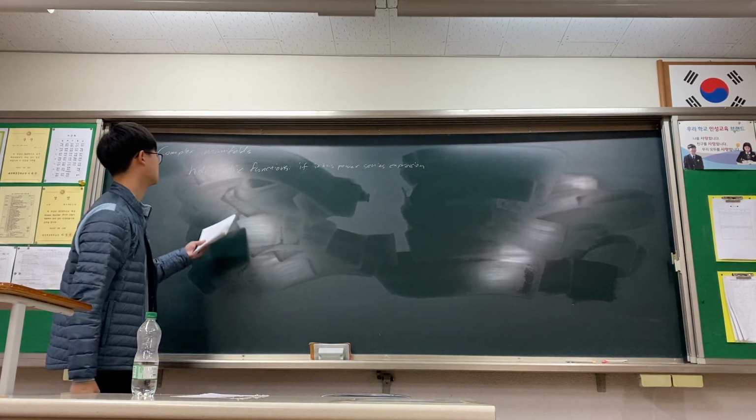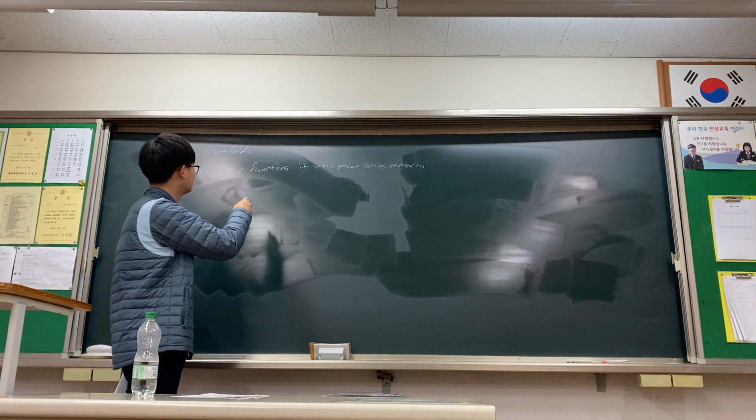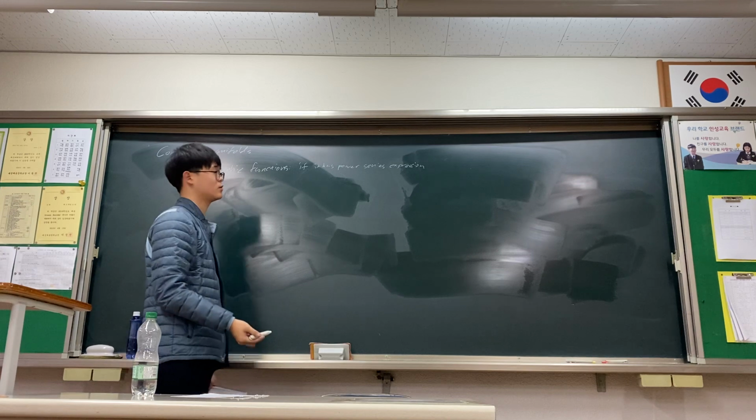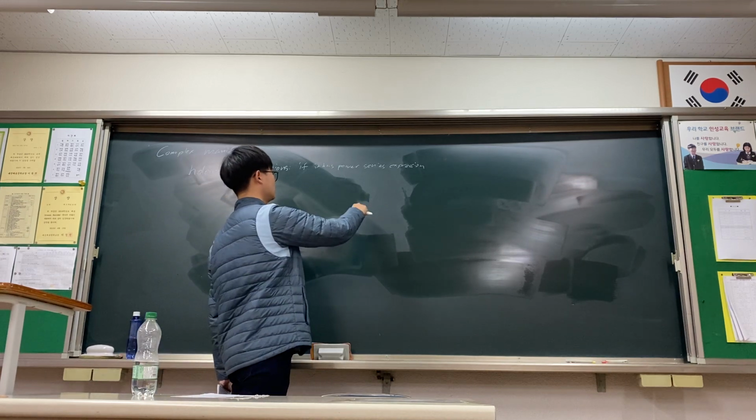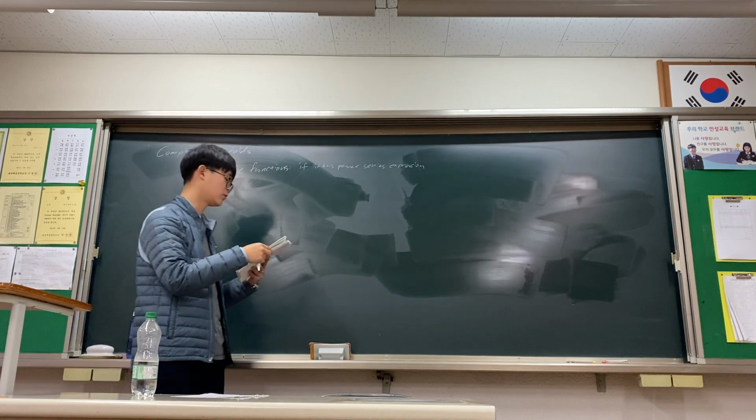Then we say this is a holomorphic function from Cn to C. And we say it's a holomorphic mapping if, composed with each projection, it is a holomorphic function. So it's component-wise holomorphic.